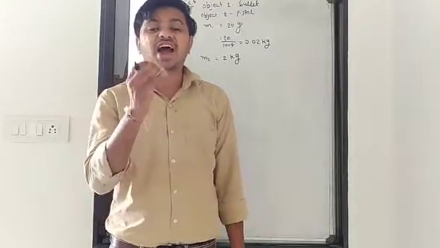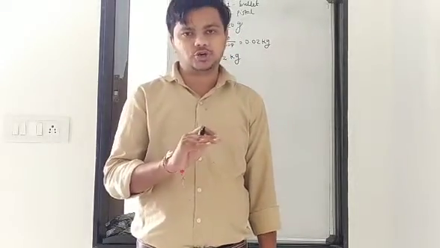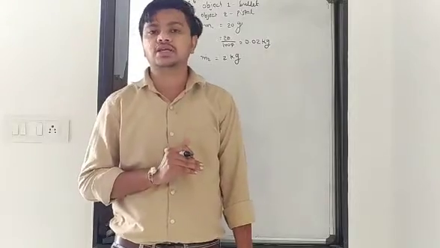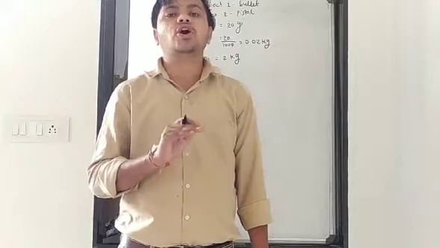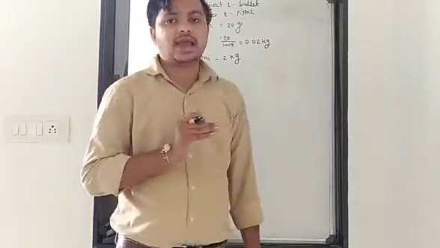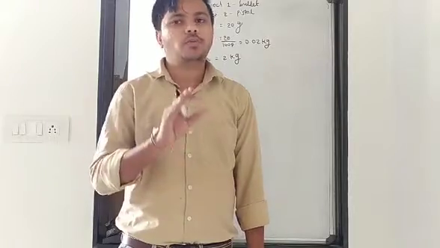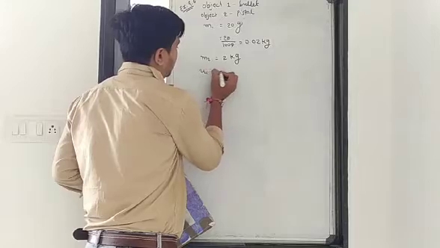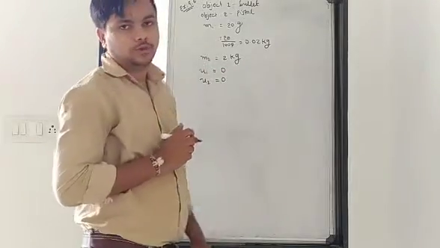So the firing is the event, and before the firing all things should be taken as initial, and after firing all things should be taken as final. Before firing, the velocity of the bullet and the pistol is 0, because before firing both are in a stationary position. So you can say that u1 is 0 and u2 is also 0.